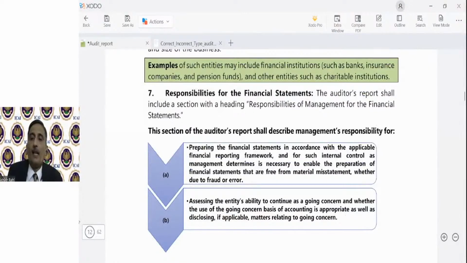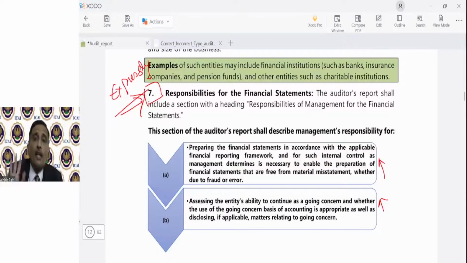And the seventh point is responsibilities for the financial statements. The audit report shall expressly state that management is responsible for preparation of financial statements and also for internal control.